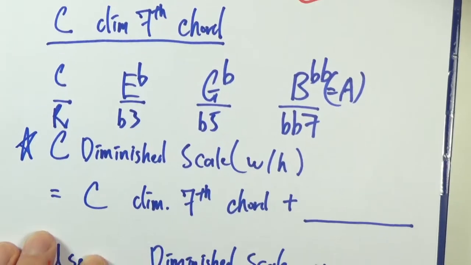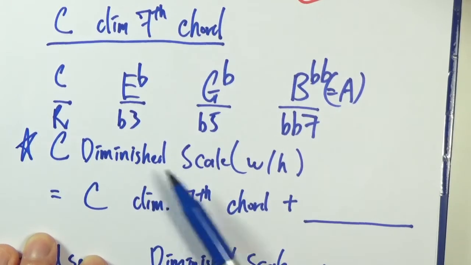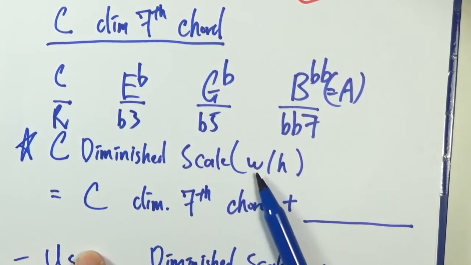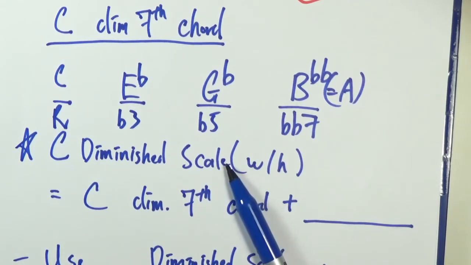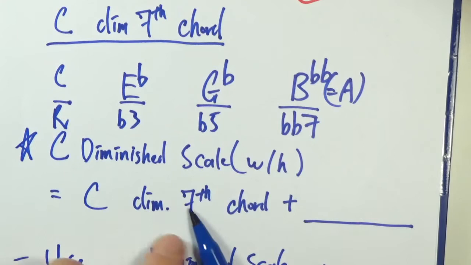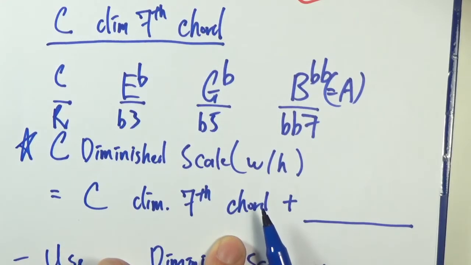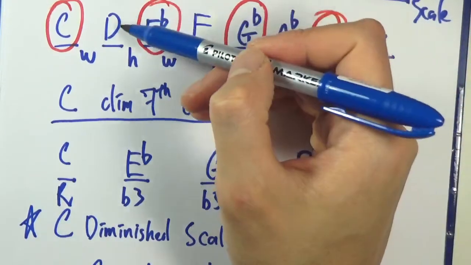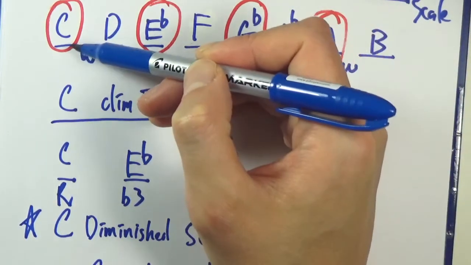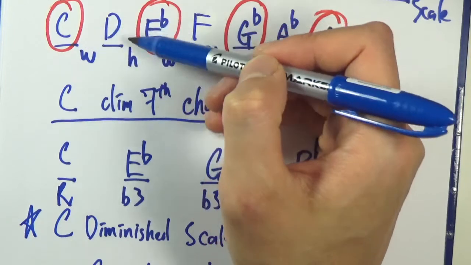So I can say C diminished scale with alternating whole steps and half steps, or simply say whole half diminished scale. It's basically just a C diminished 7 chord plus whole step tensions. If you check these intervals, they are a whole step above a chord tone, a diminished chord tone.